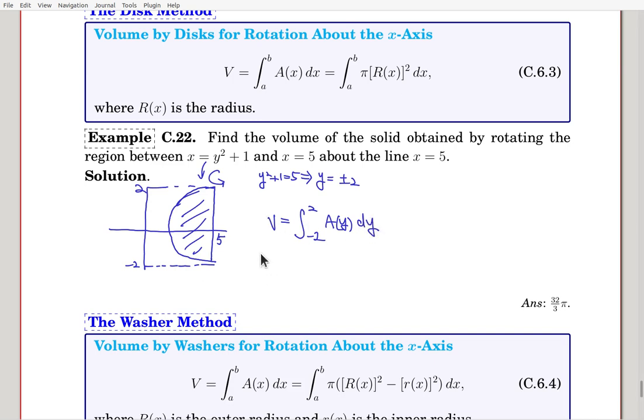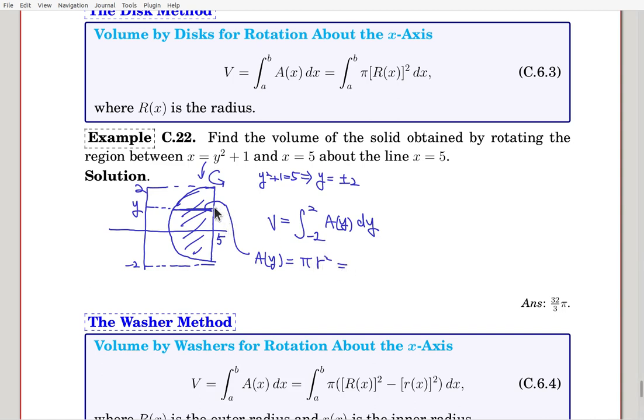What is r? For each y, that is r, because it is rotated over there. Now from here, the area becomes pi r squared.